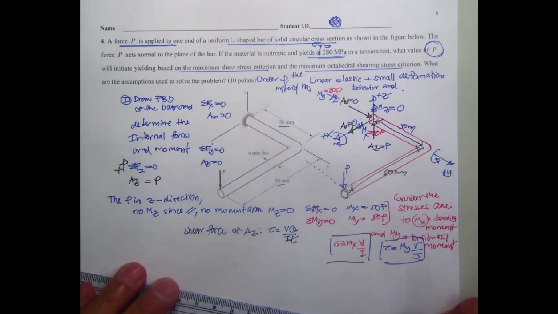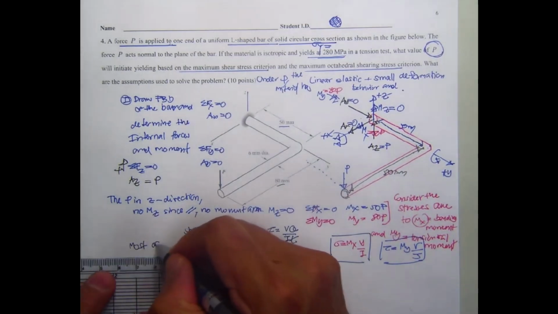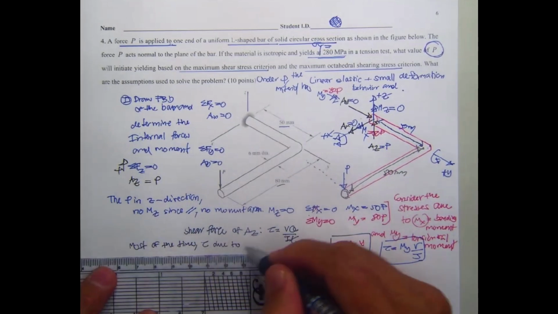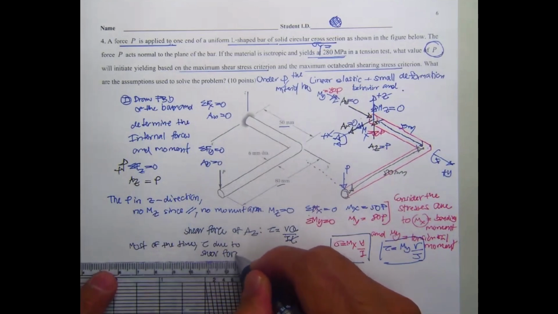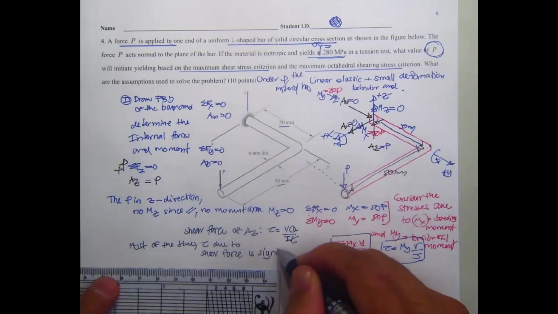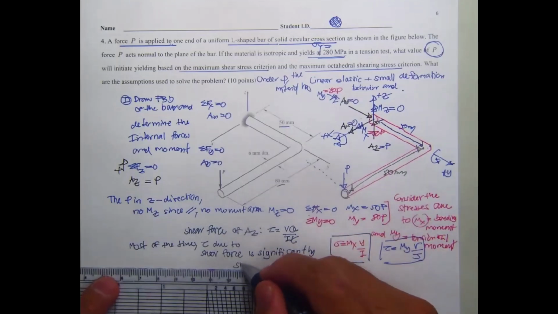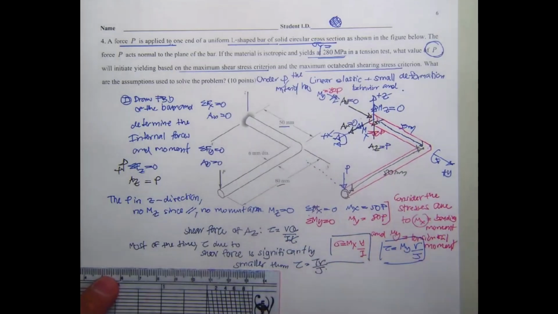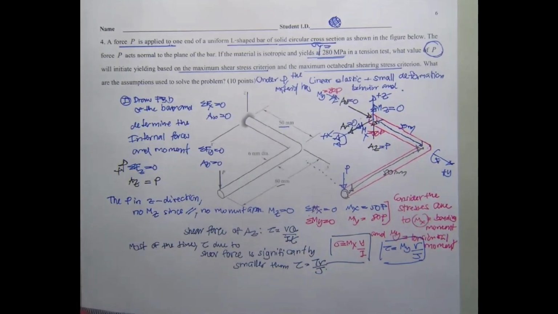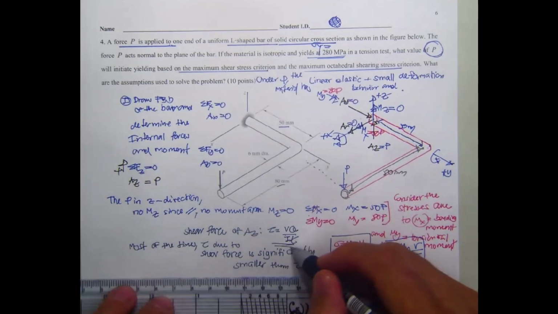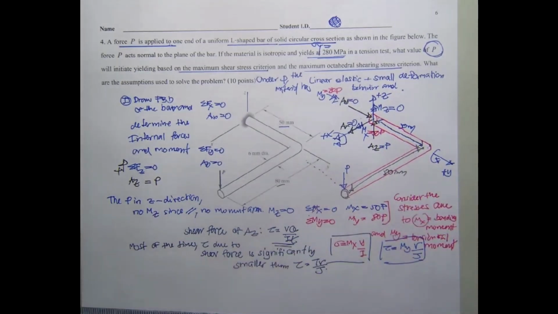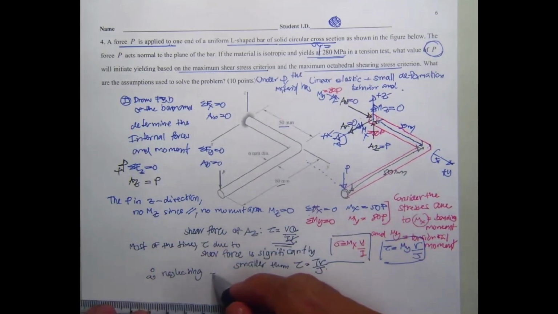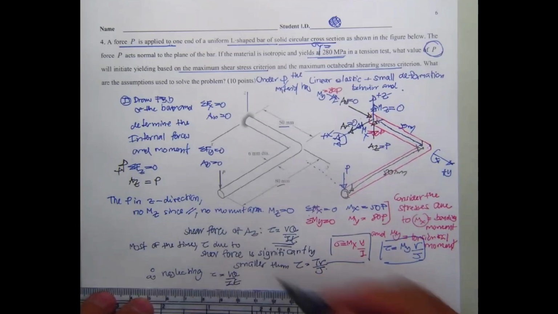But most of the time, the tau due to shear force is significantly smaller than tau equal to the torsion TR over J. So we may neglect tau equal to VQ over IT.